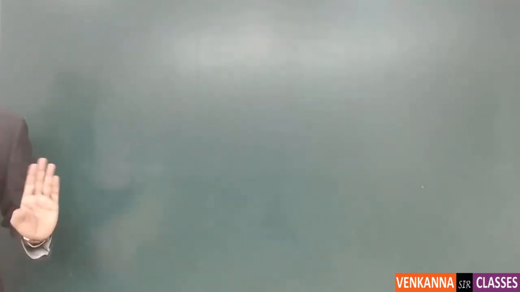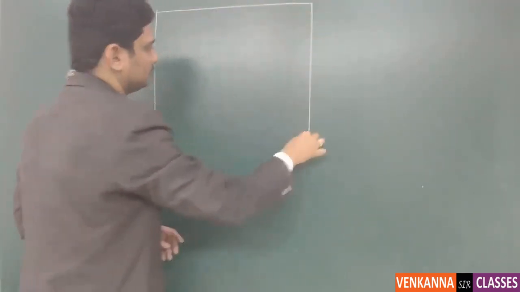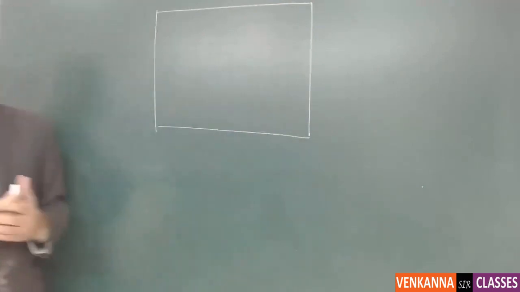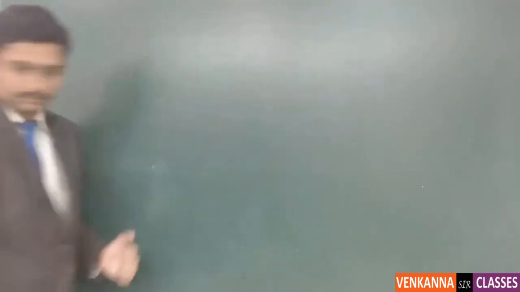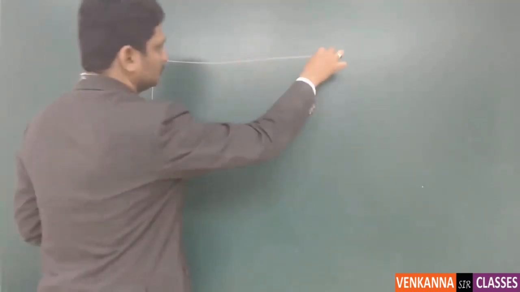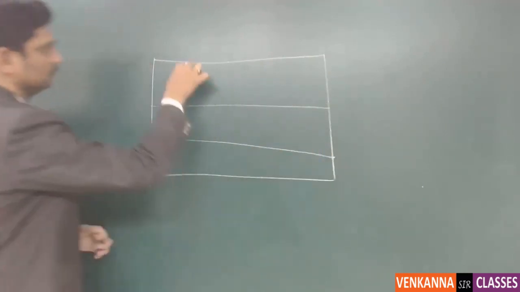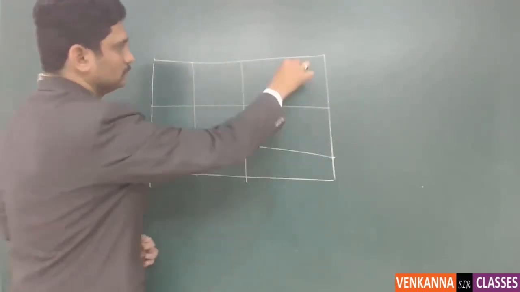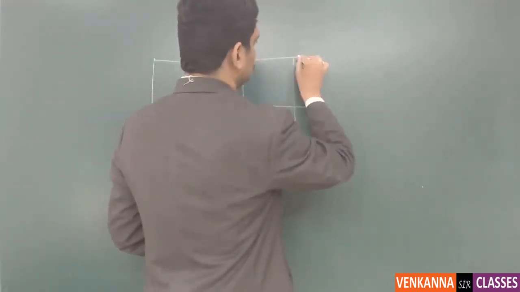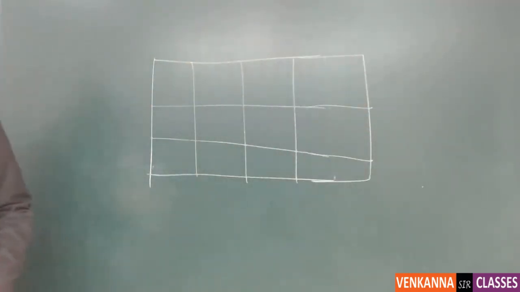So after finding the initial feasible solution, we are considering the table again. Let me write a little lower. So this is the solution we have obtained there.